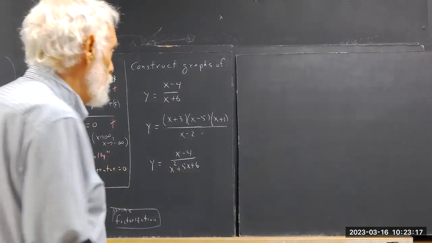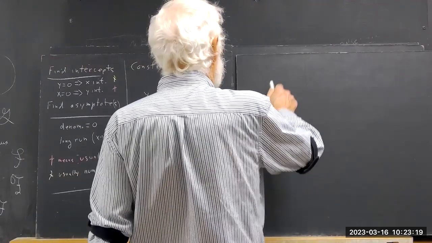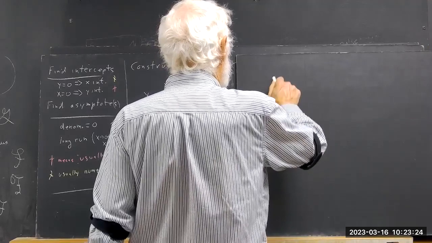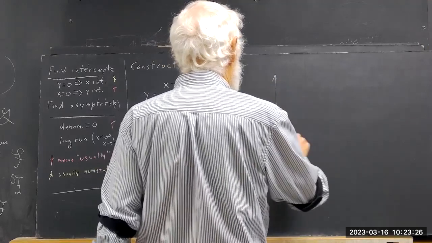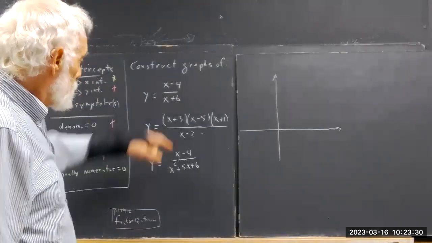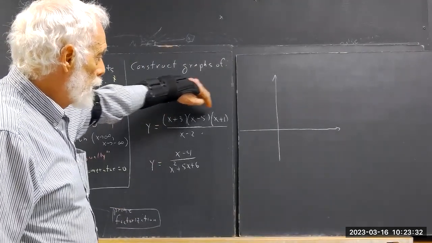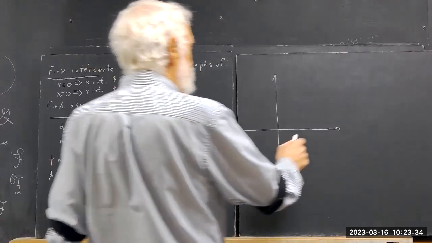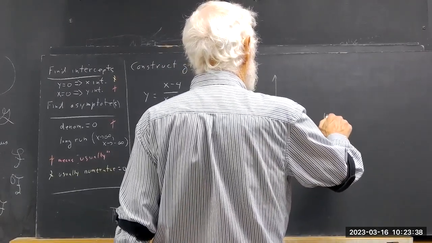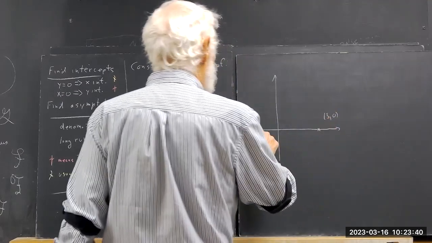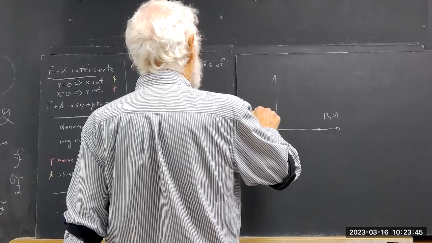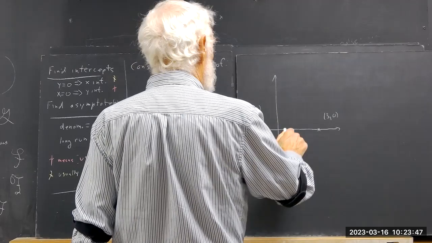For this rounding book, I'll just kind of show you, and I'm not going to write it out in detail. The numerator is 0 when x is -3, 5, or 1. So here's 5. Here's -3.